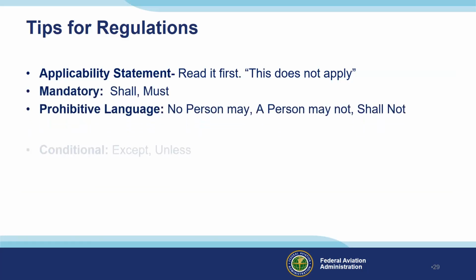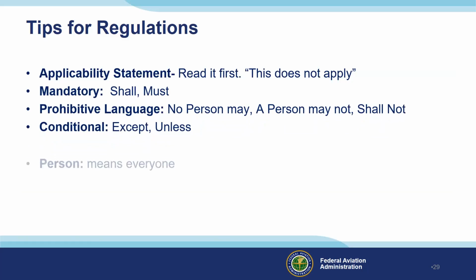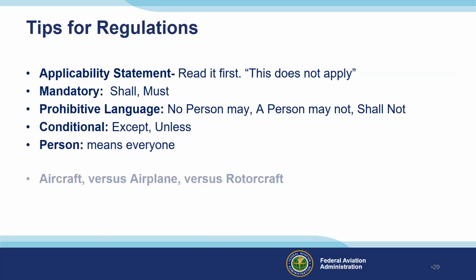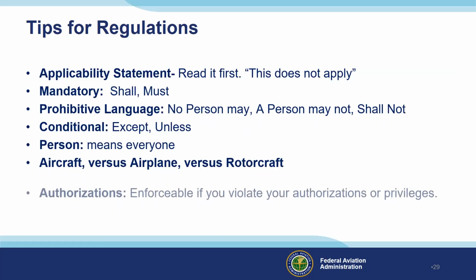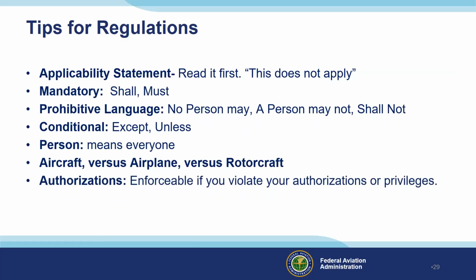Also, be aware of mandatory language that is enforceable, shall or must, prohibitive language, like no person may, or a person may not, or shall not, conditional, except or unless. Those are the ones that make our regulations get pretty confusing, or my favorite, notwithstanding. That's also another one that really gets you thinking and scratching your head.